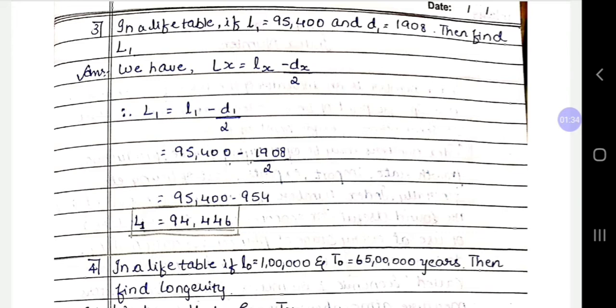Here 95,400 minus 1,908 divided by 2, you will get 95,400 minus 954. Your L1 is equal to 94,446, where you will get your L1.